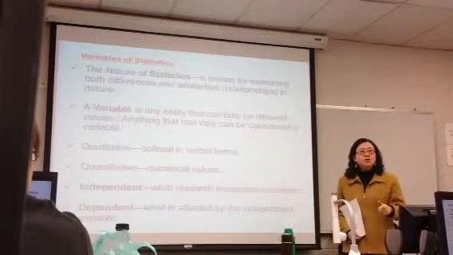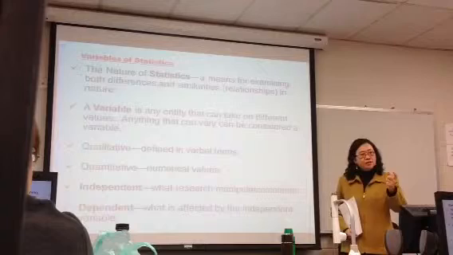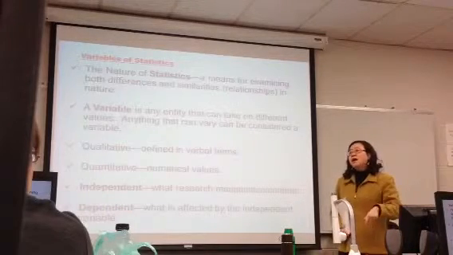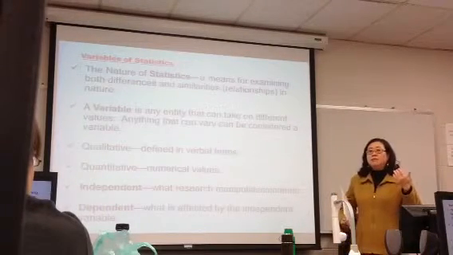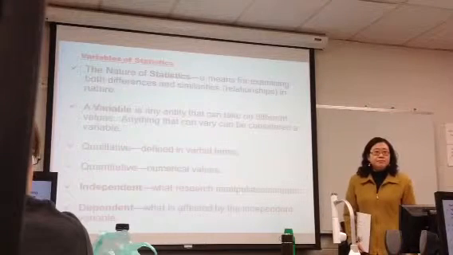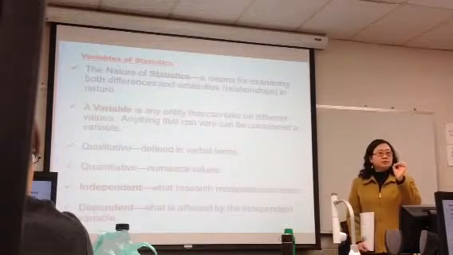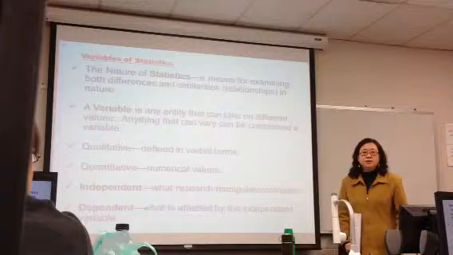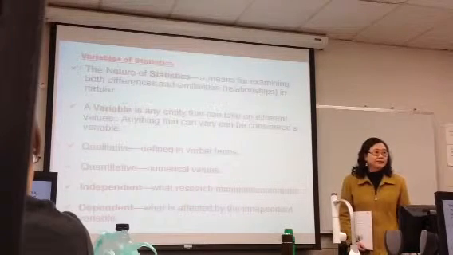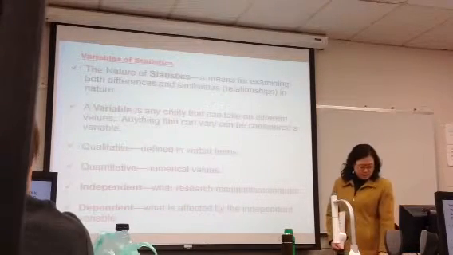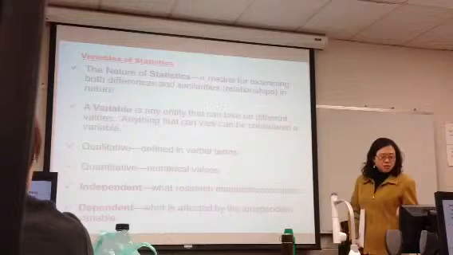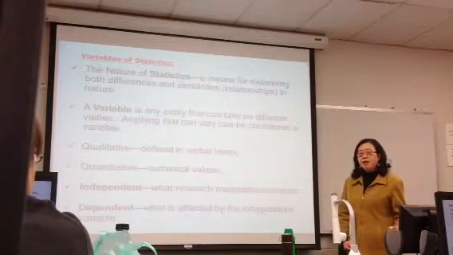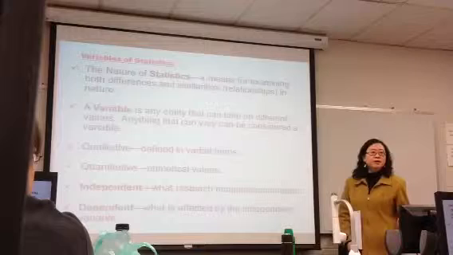The ratio, in addition to measuring the distance between values, lets you do ratio comparison. You have a true 0, so you can divide and multiply. So that's a variable.